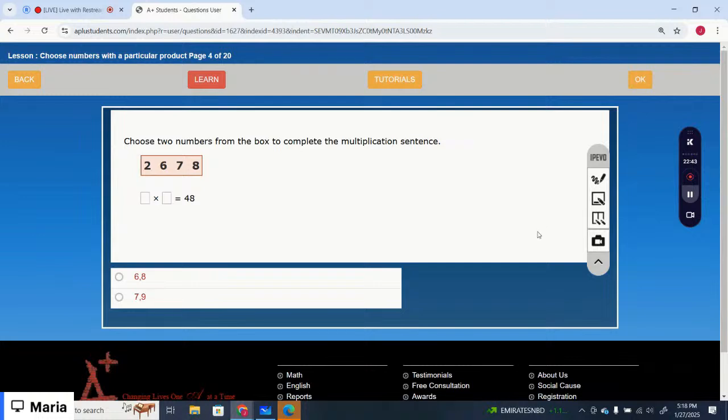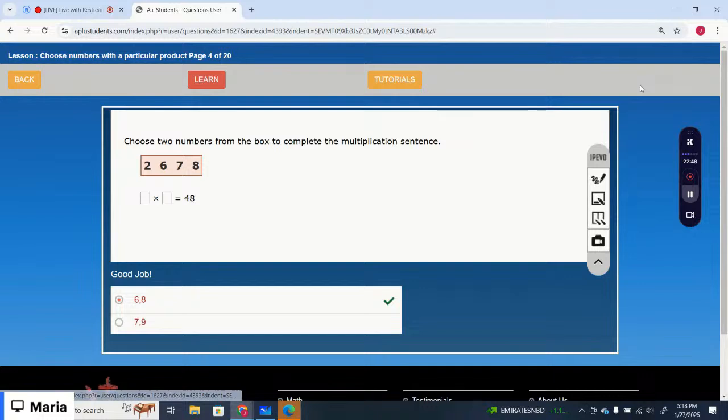That is option number 1 is the correct option. 6 times 8 is 48. Option 1 is the correct option.